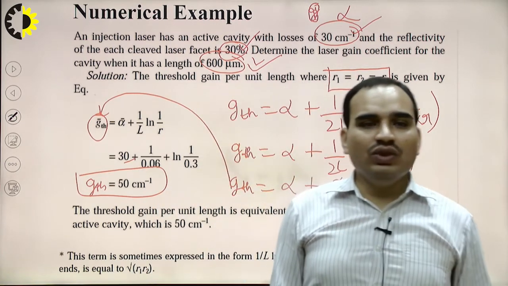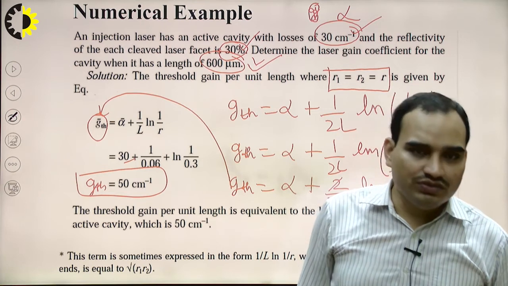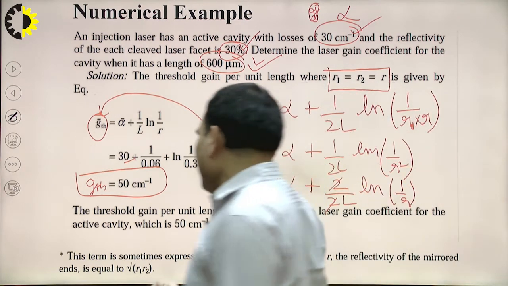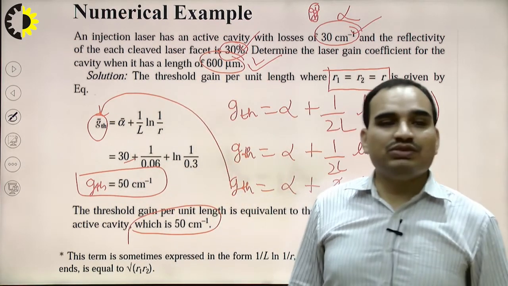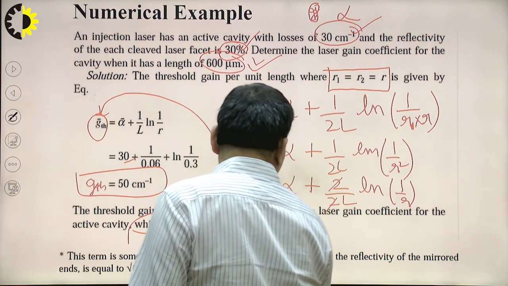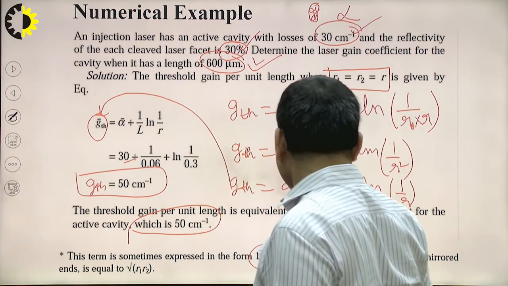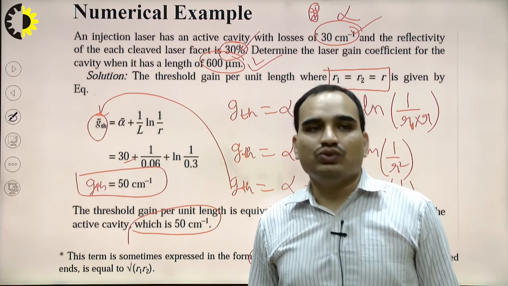So the threshold gain per unit length is equivalent to the laser gain coefficient for the active cavity, which is 50 per centimeter. This term is sometimes expressed in terms of 1 by L or 1 by R, where R is the reflectivity of the mirrored end, equal to the square root of R1 R2.